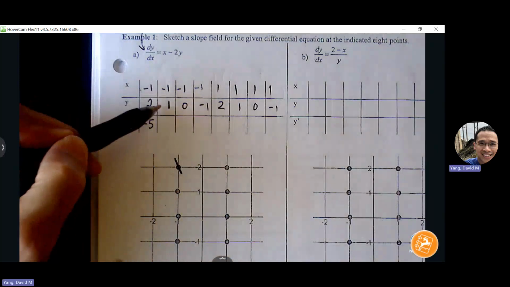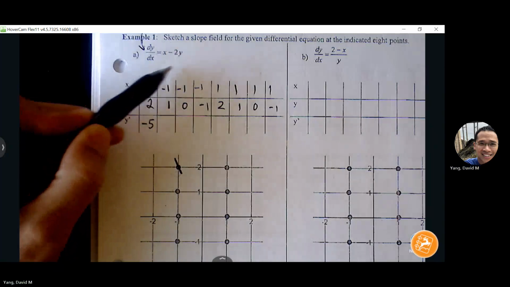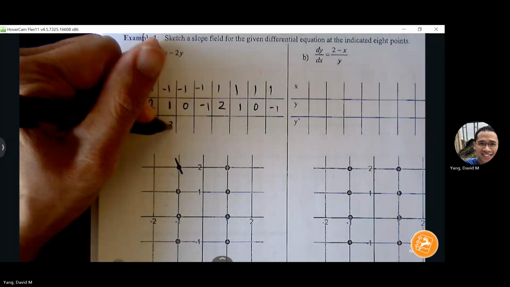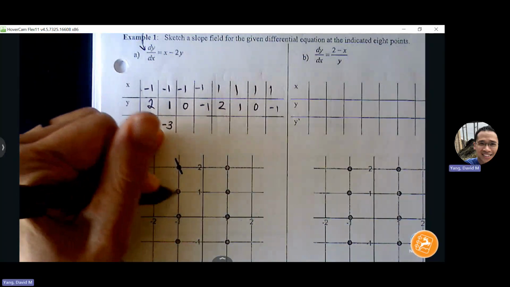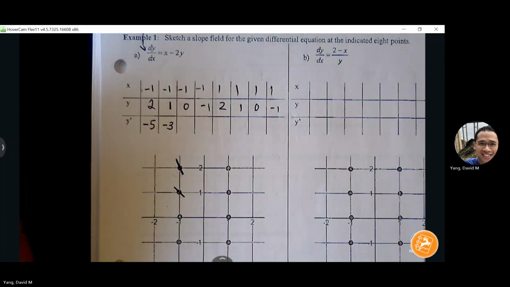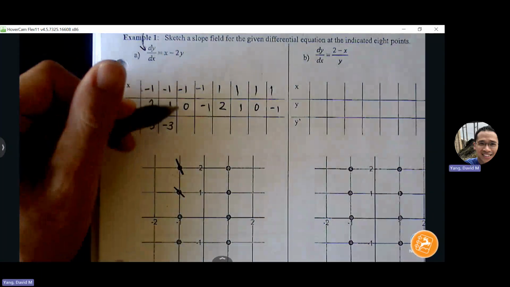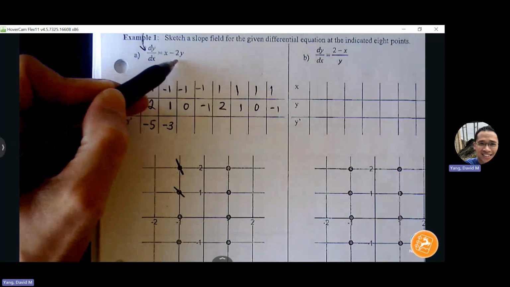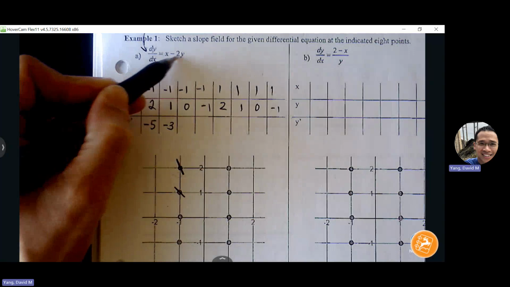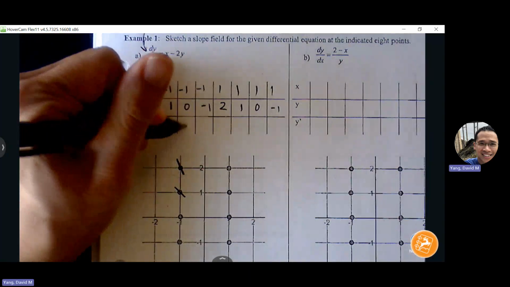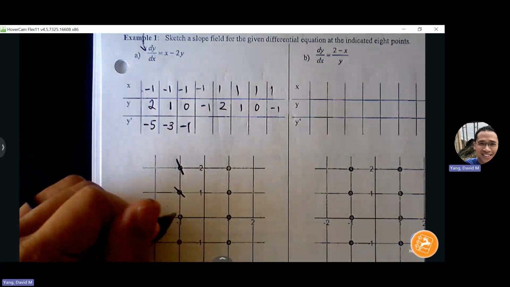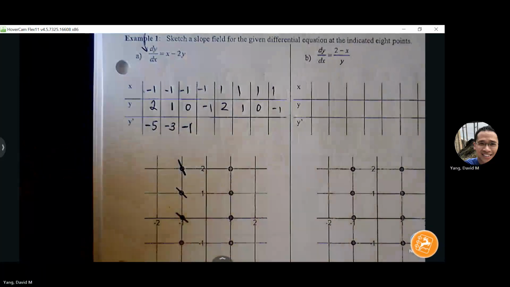Okay, what about -1, 1 into the derivative? -3. So we'll make this slightly less steep. -1, 0, for x and y. -1 minus 0 is -1. So through -1, 0, you're just going to sketch what you think is the -1 slope.